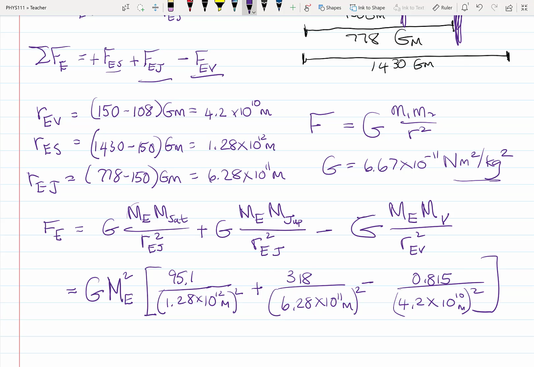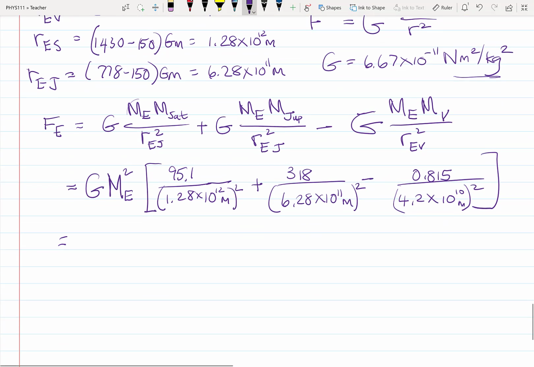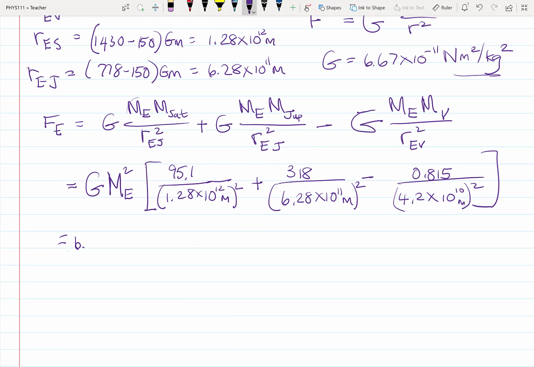That gives us, let's put all the numbers in explicitly, 6.67 times 10 to the minus 11 newton meters squared per kilogram squared. That's big G. Mass of the Earth squared is 5.97 times 10 to the 24 kilograms, squared.